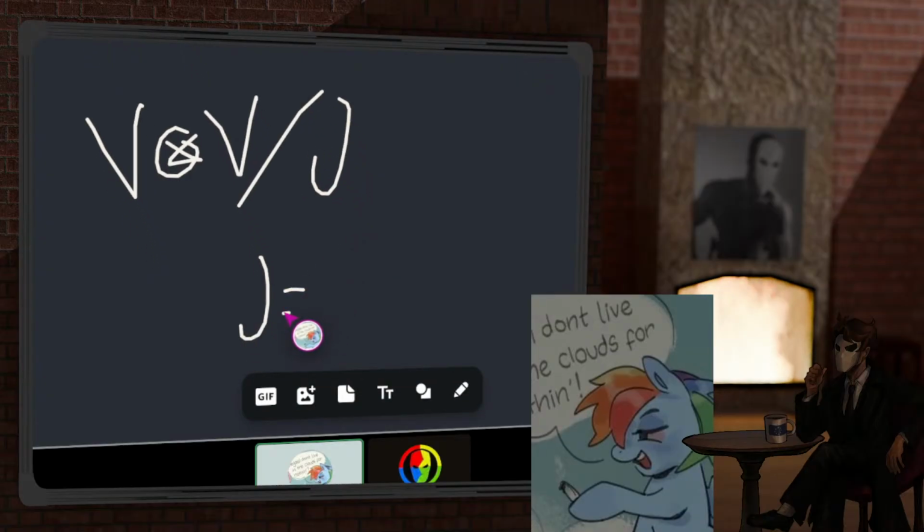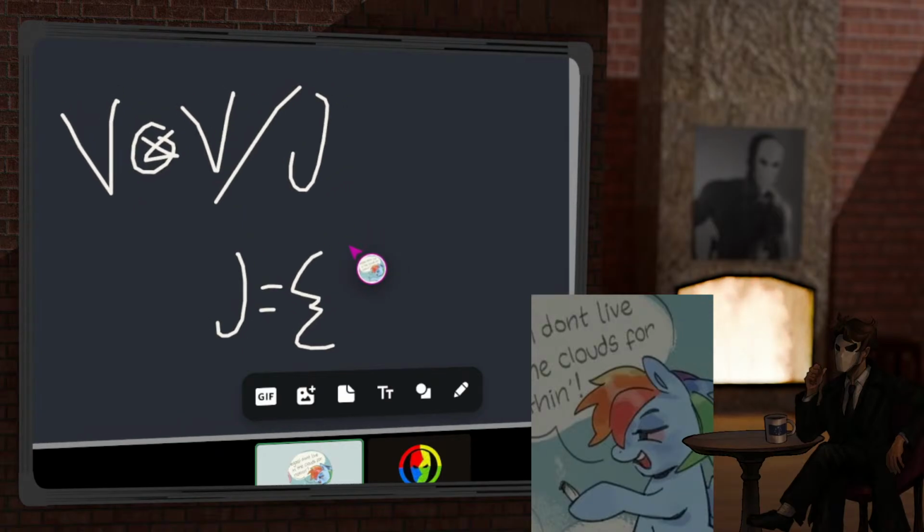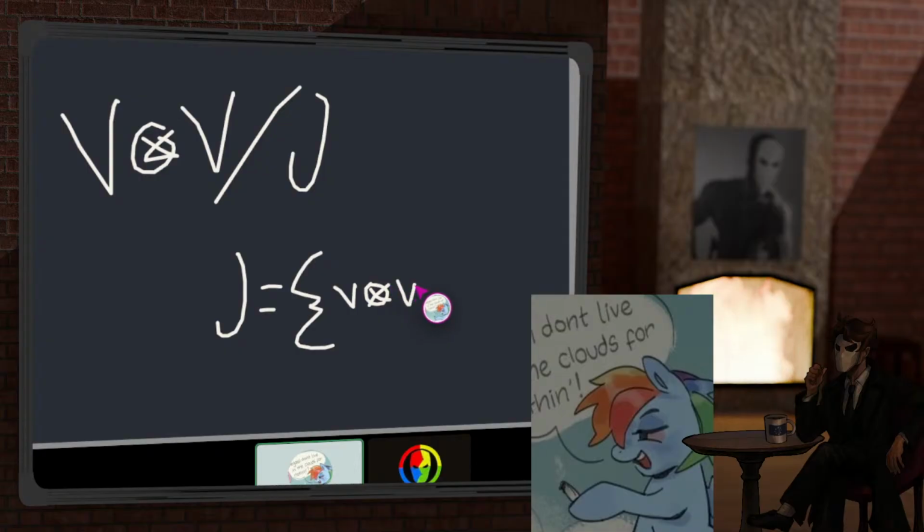Basically you have the set of any elements of the form V tensor product V, where V is of course in the original vector space V. Why we want this is it allows one of the major principles of exterior algebra, where anything wedged with itself equals 0.